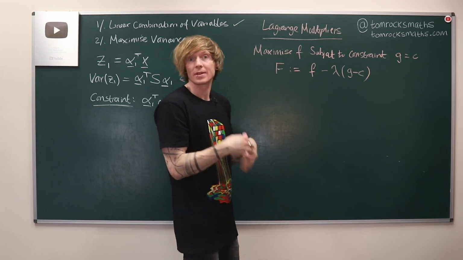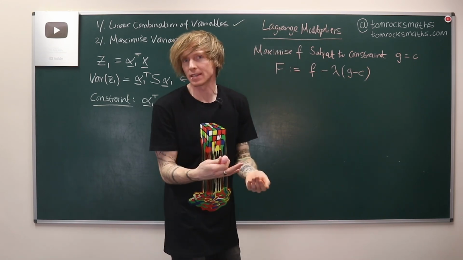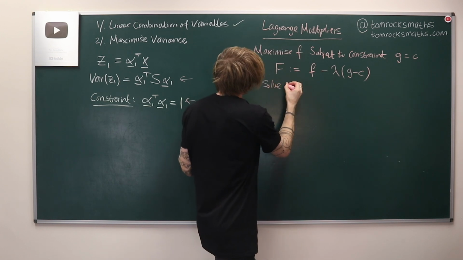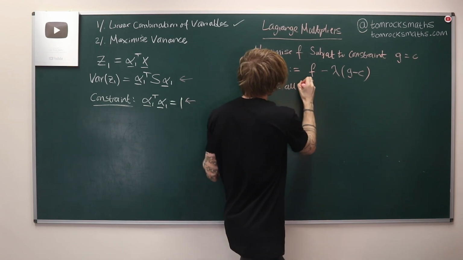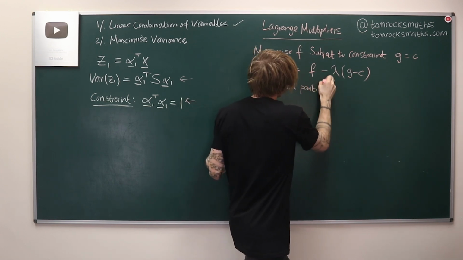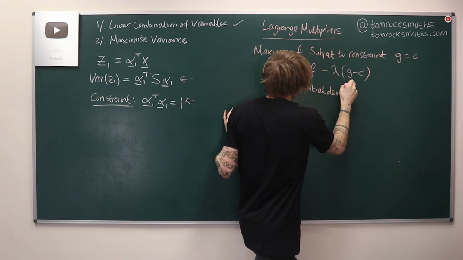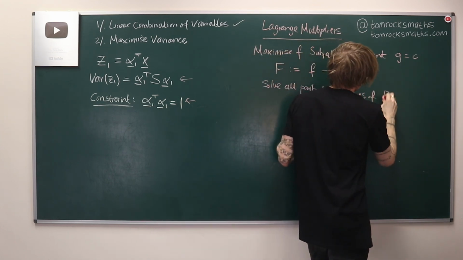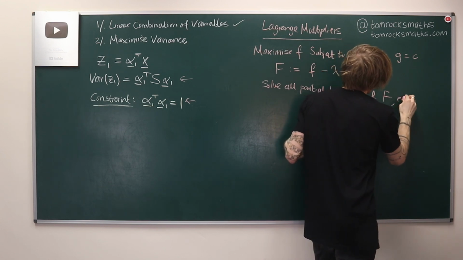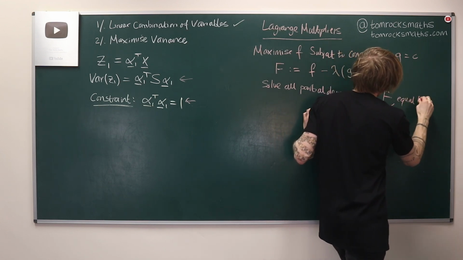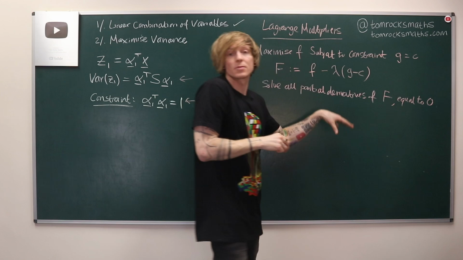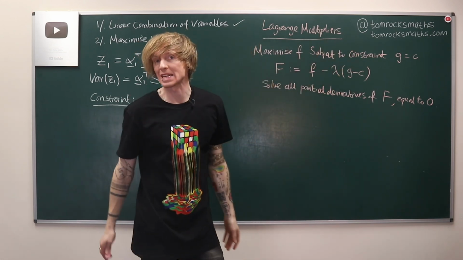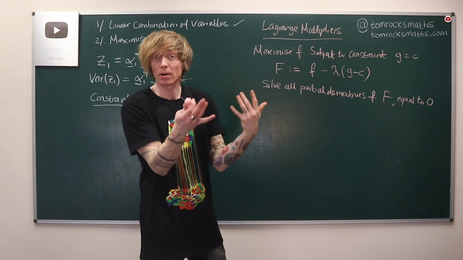And then what you want to do is actually calculate the partial derivatives of capital F. So you want to solve all partial derivatives of capital F equal to 0. So there you're going to be differentiating with respect to your variables. So, you know, it might be x, y, and z if you're working in 3D, for example, like a geometry problem.